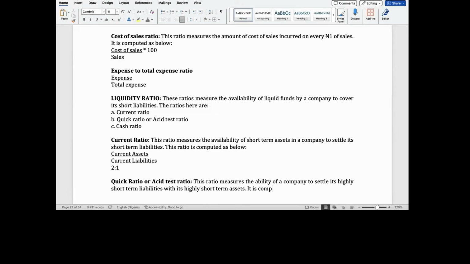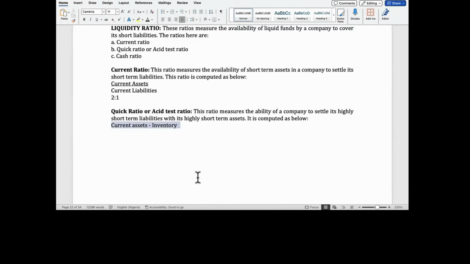And it is computed as below. So what this one does is it removes current asset items that it believes are not easily convertible to cash, which is inventory. But in reality, at your level, it could be more than just inventory. It could be other assets as well that are not easily convertible to cash.